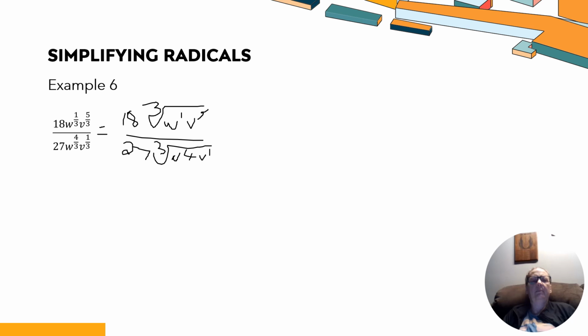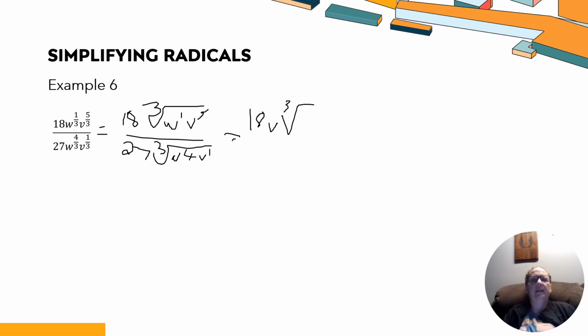So I want to start by simplifying those first before I deal with rationalizing. So I have this 18 out front that's just going to stay there. W to the first can't simplify because 1 divided by 3 doesn't have any divisors, but 5 divided by 3 does. 5 divided by 3 is a 1 with a remainder of 2. So 1 v is going to stay on the outside and 2 v's are going to stay on the inside.